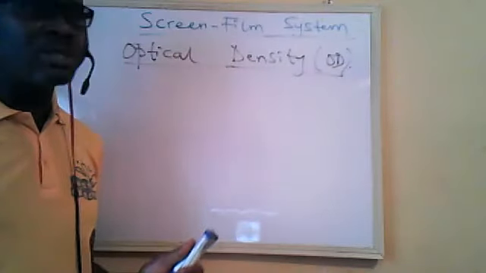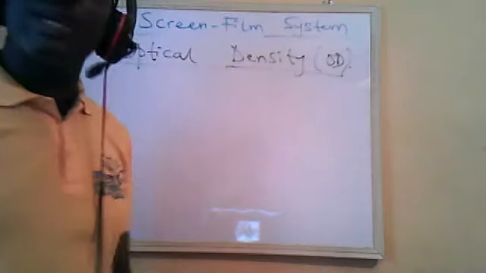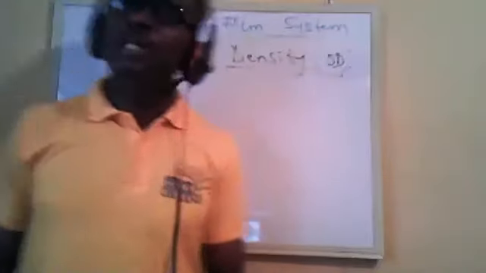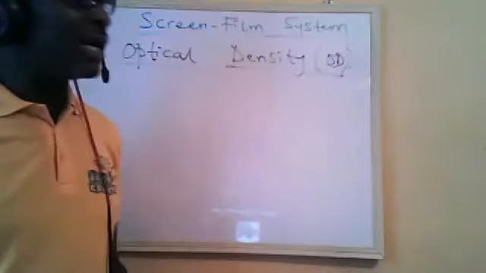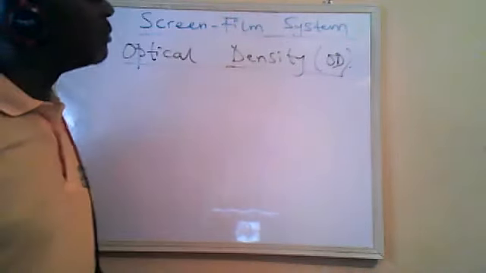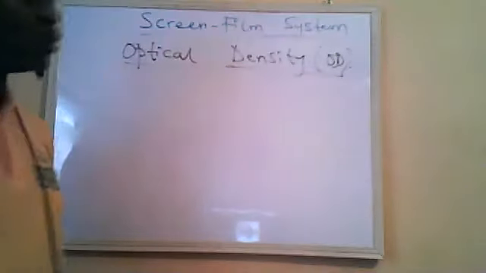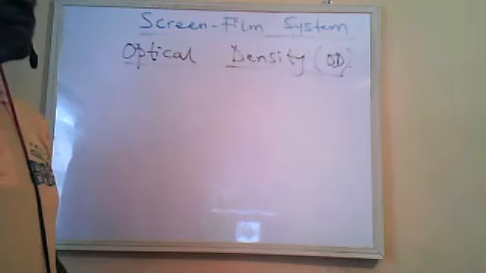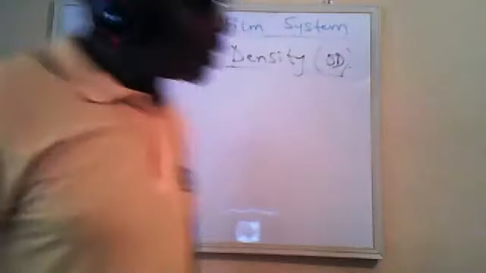Optical density is the term which we continue to use, to describe how much darkening a film has been exposed to by a particular exposure.